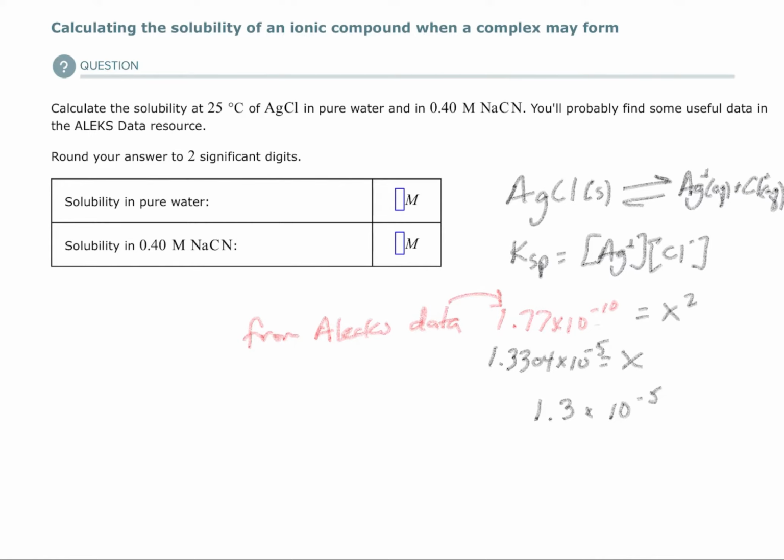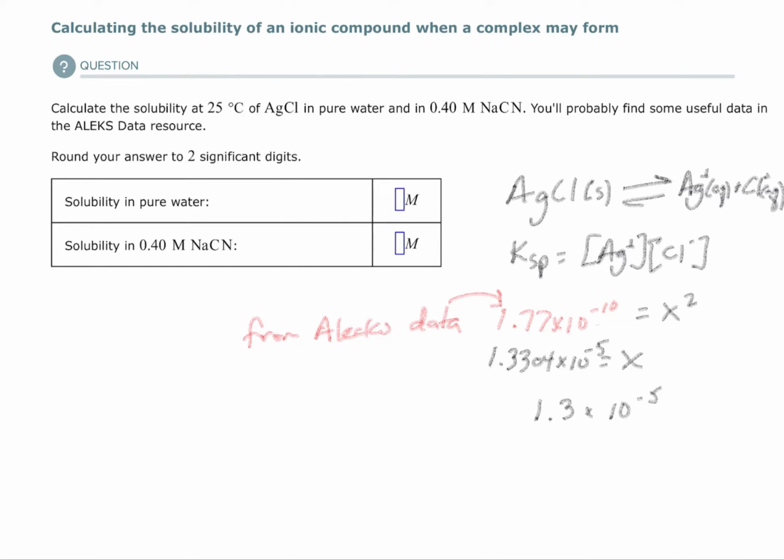It's simply going to be KSP, your solubility product, which is simply equal to the product of the concentration of the two ions present. I looked that up and found the solubility product is 1.77 times 10 to the negative 10, which is really, really small.